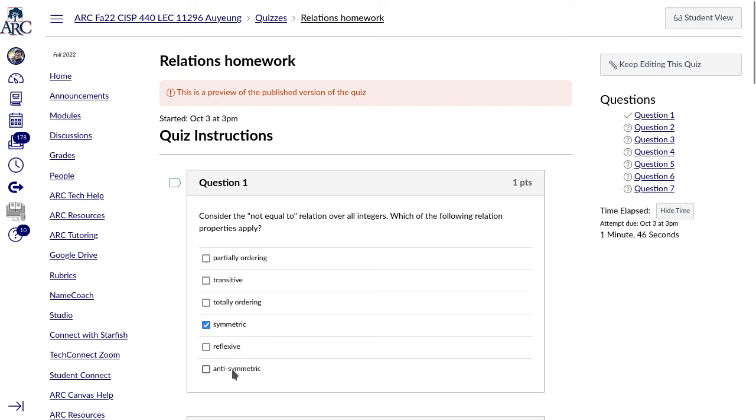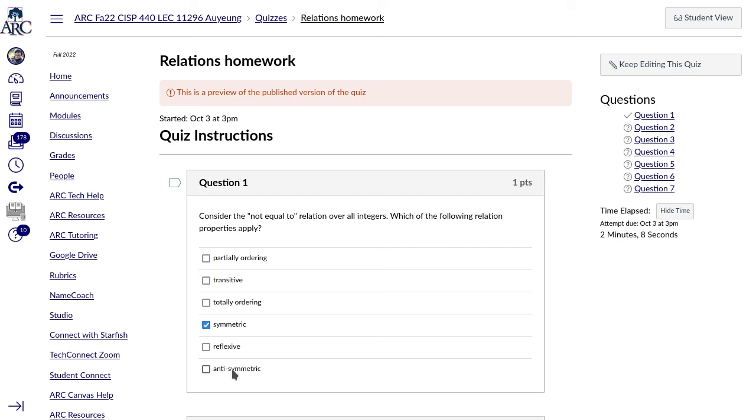And then anti-symmetric, I think this one is pretty easy. Is the not equal to relationship anti-symmetric or not? It is not anti-symmetric because in order for two things to be related by not equal to, they have to be not equal to each other.